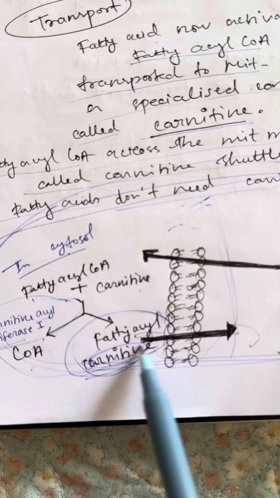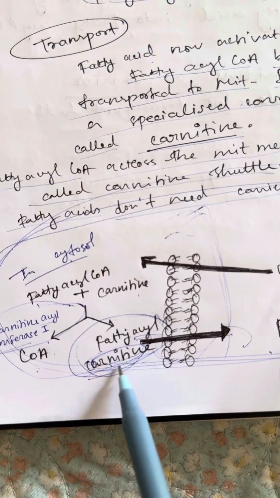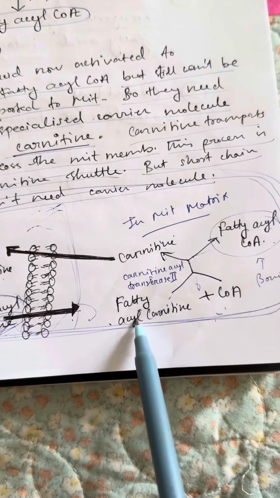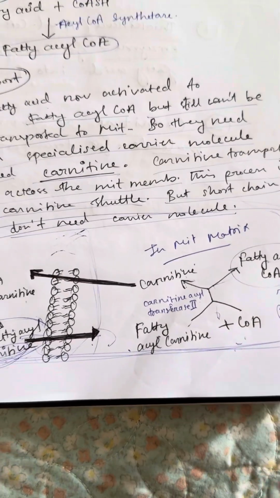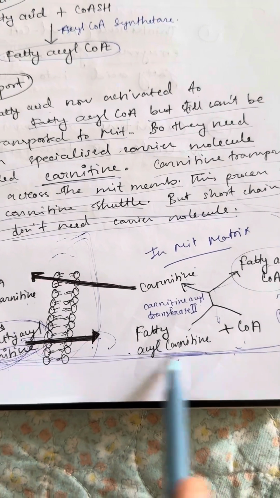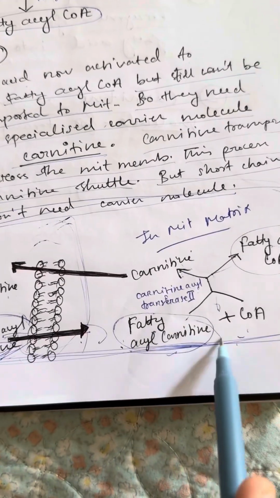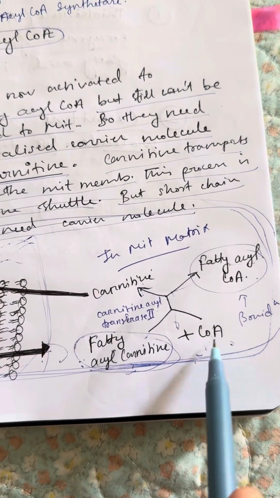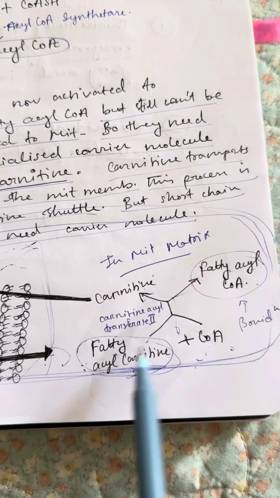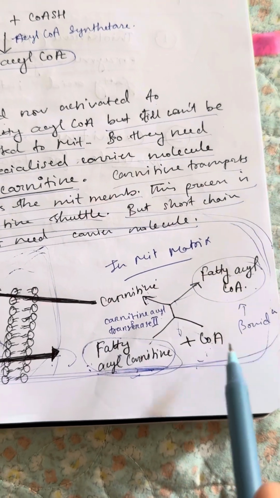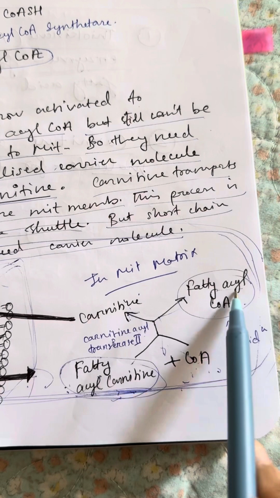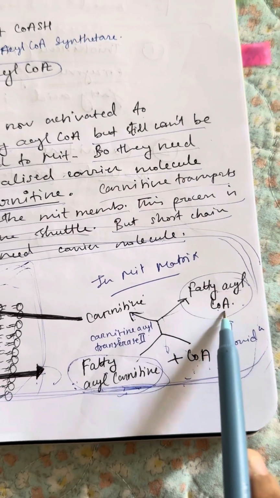So, along with this carrier molecule carnitine, the fatty acid can now finally be transported to the mitochondrial matrix, where the story doesn't end. You see, fatty acyl carnitine combines with coenzyme A, and it gives our needed product, fatty acyl coenzyme A. What happened just now?